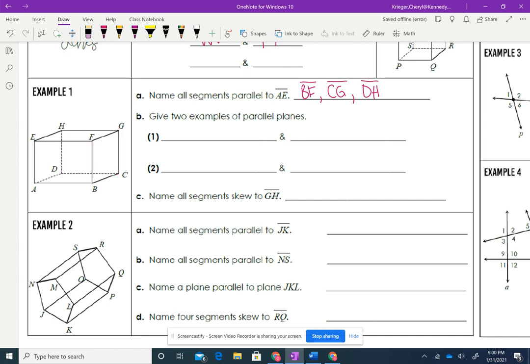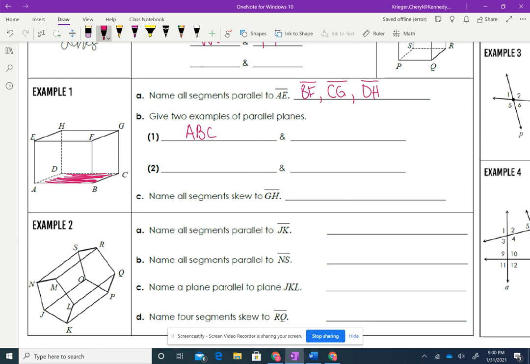Give 2 examples of parallel planes. Well, they don't have capital letters to name the planes here, so we're going to use 3 non-collinear points. I'll call the bottom plane ABC. So that's plane ABC.